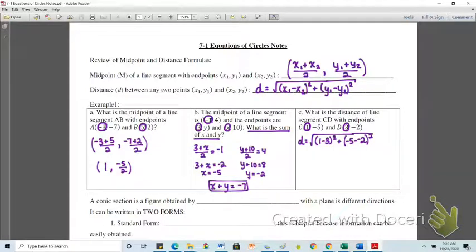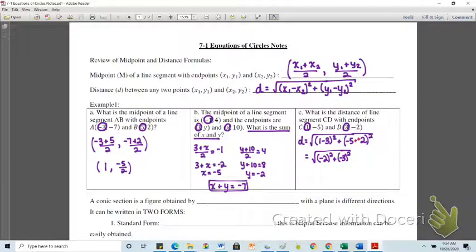Hey, remember when we have minus a negative, it turns into plus a positive. So I get the square root of -2 squared plus -3 squared.